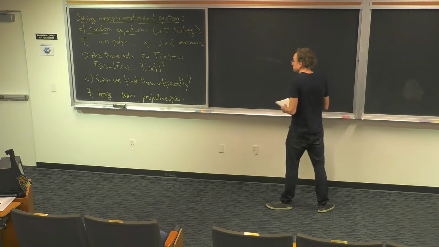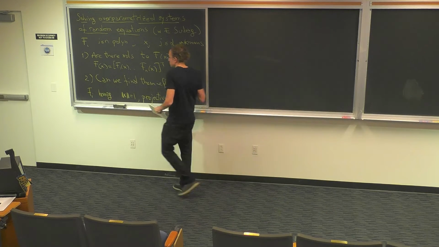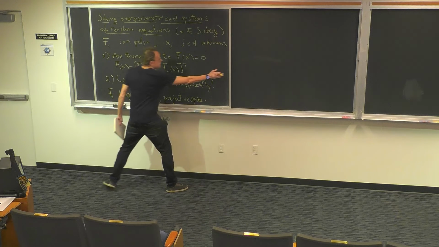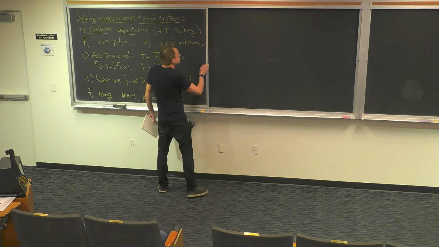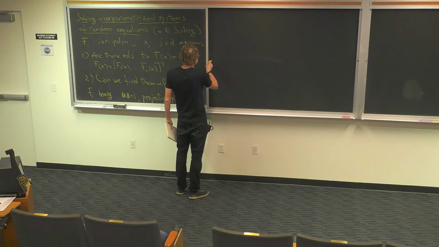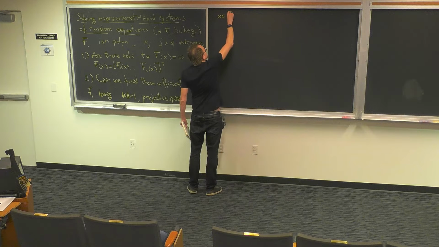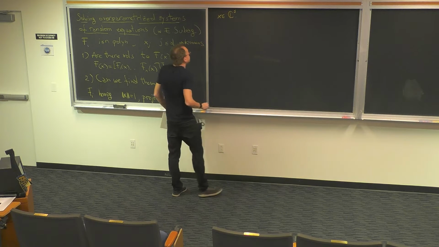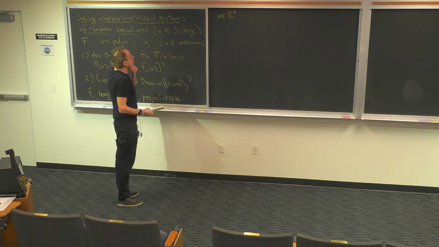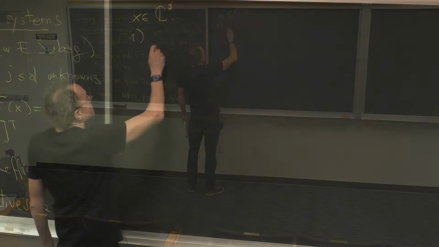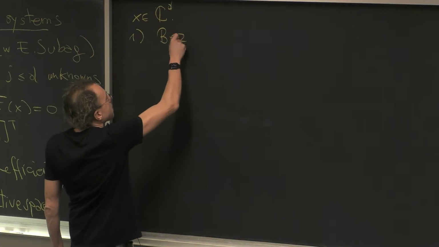So what is known about this problem? Well, if x is in C to the d, so if my unknowns are complex, then question 1 is answered by Bézout's theorem.